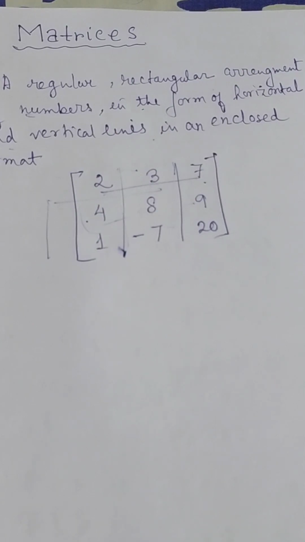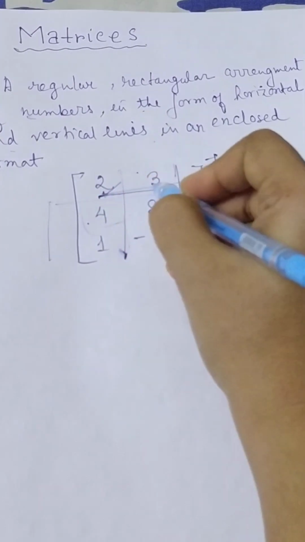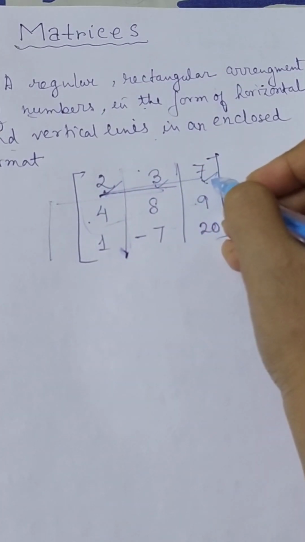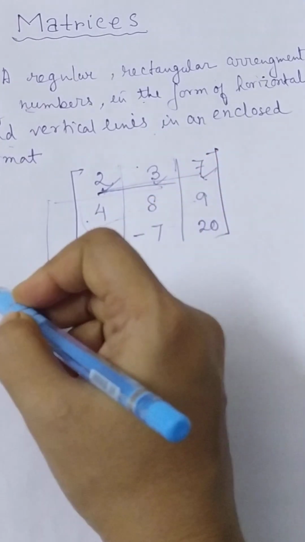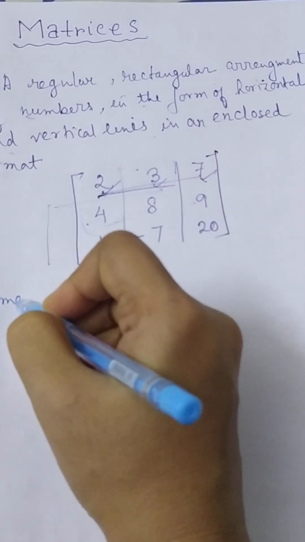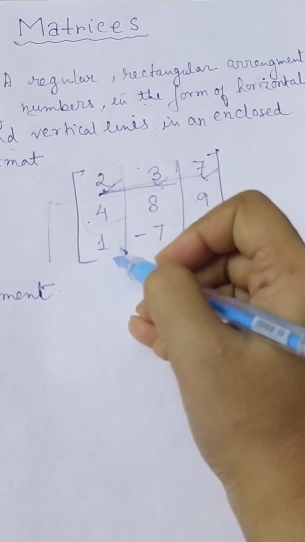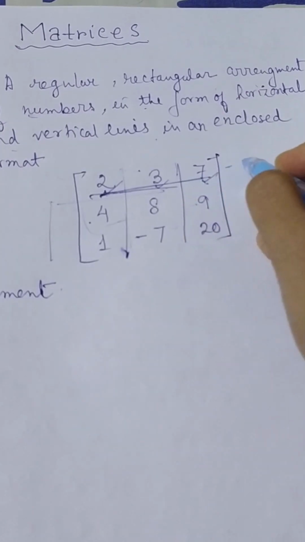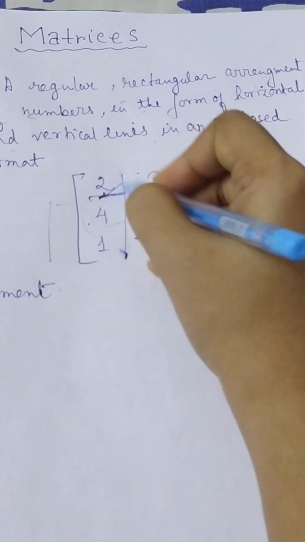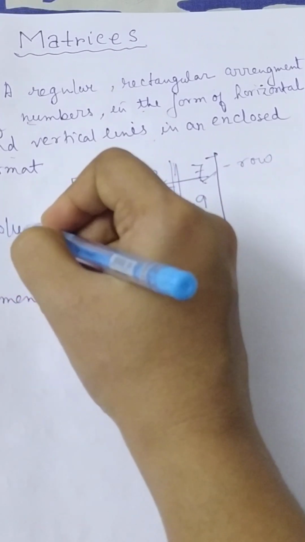First of all, each of the numbers of a matrix is called an element, and this horizontal line is called the row and the vertical lines are called columns.